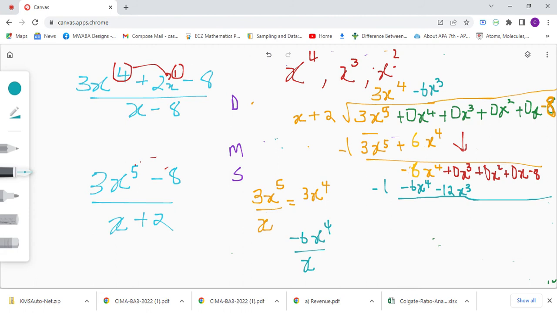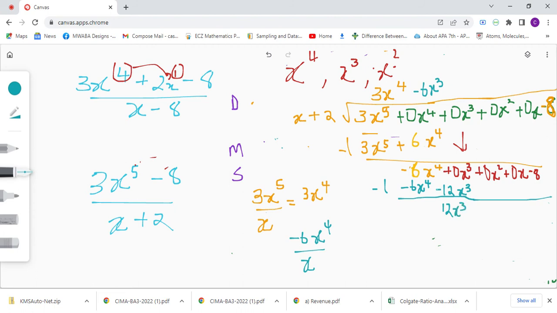Negative 6x to the power 4 minus negative 6x to the power 4. Negative and negative make positive, so it's 0. 0x cubed minus negative 12x cubed, the same as 0 plus 12x cubed, we get positive 12x cubed.